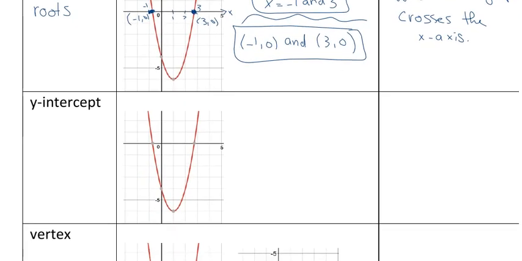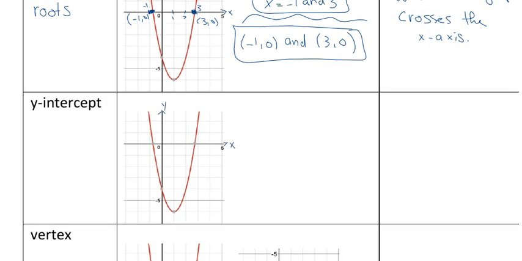Now the y-intercept. Okay? Remember I said this is your y-axis and this is your x-axis. How many times does your graph intersect the y-axis? Once. And it's never going to be more than once. It's always going to be only in one spot. Sometimes you don't see it, but it will cross it.